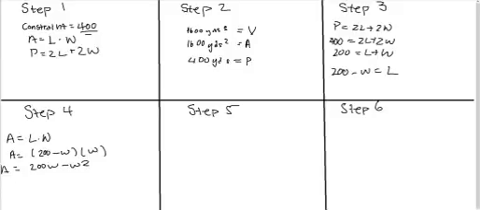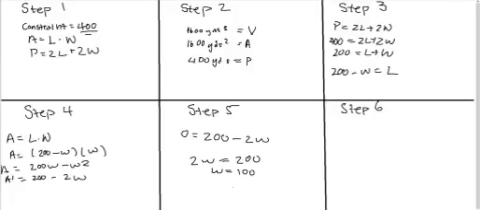This means we are going to take the derivative of the area function and say that A prime is equal to 200 minus 2W. Then we're going to set it equal to 0 for step 5. So that means 0 is equal to 200 minus 2W, and that means 2W is equal to 200, and W is equal to 100.